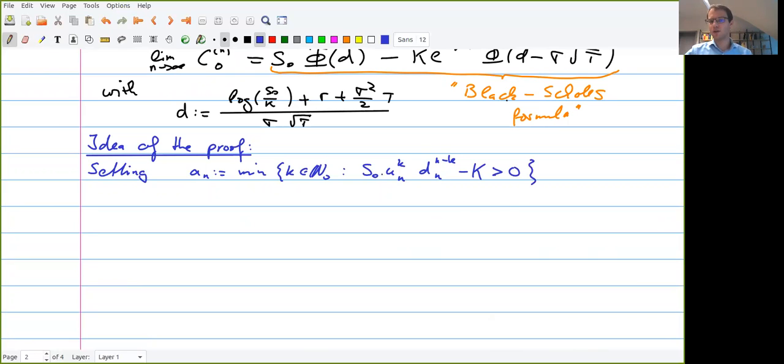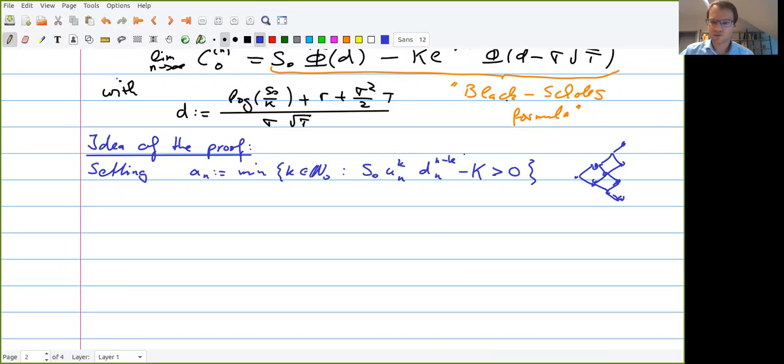So this is the minimal number of upwards movements I need if I look at my binomial tree. Right, something like this. So this is my binomial model, how it looks like.